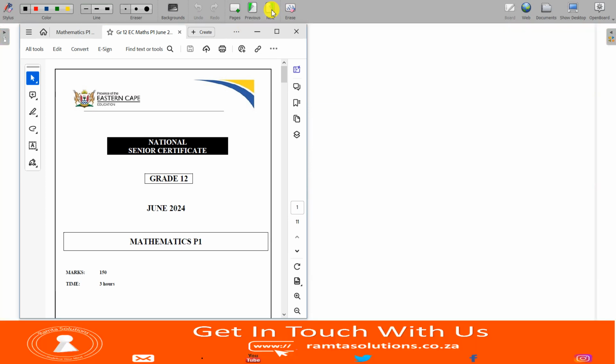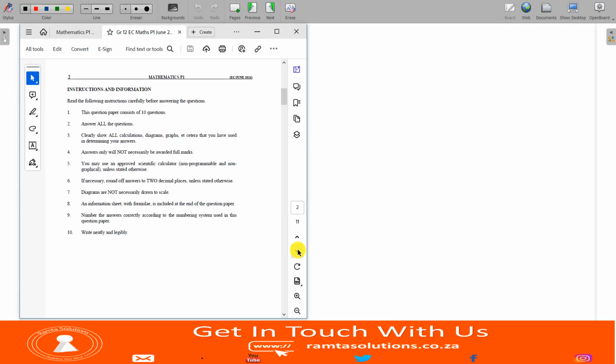As is the norm, I want to read a few instructions that I will be using. Instruction 3 says clearly show all calculations, diagrams, graphs, etc. that you have used in determining your answers. Instruction number 4 says answers only will not necessarily be awarded full marks, so try to show how you got to your answers.